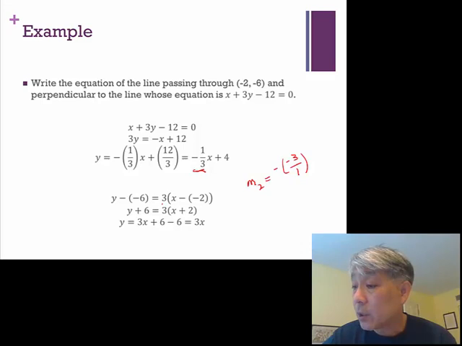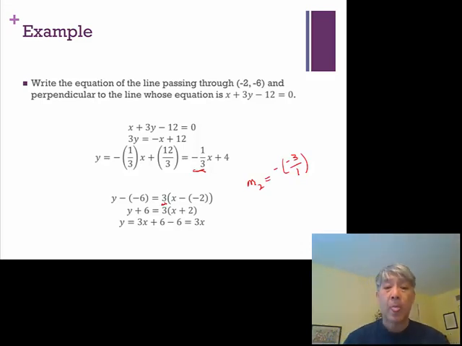And that's why I have this slope of 3 here. Solving that, I find the formula of the line that goes perpendicular to the first one, through the point (-2, -6).